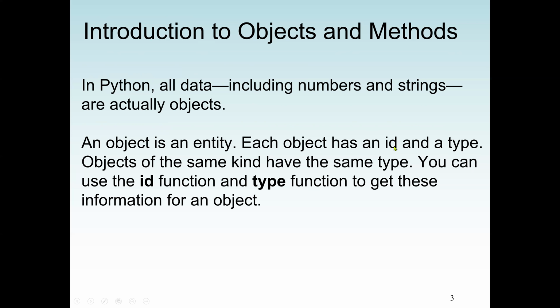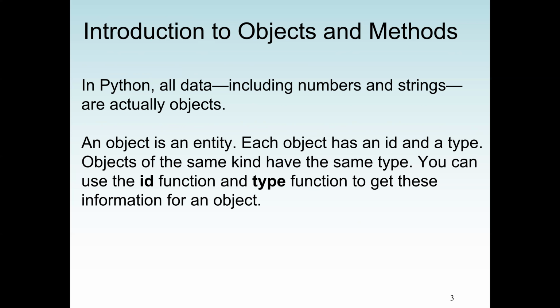An example of an ID would be a unique number, which every object in our program has its own of. That number we use to identify the object. The type tells us whether the object carries a string or a number. Objects of the same kind may have the same type, which means if I have 2 objects and both can store a whole number, then both of them are the same type, which is integer.